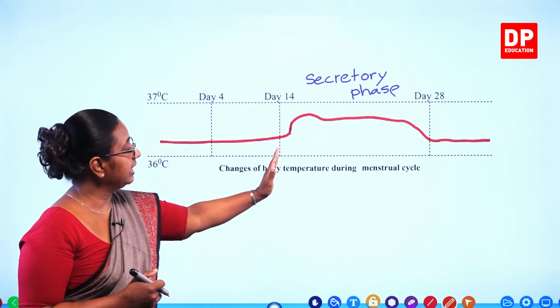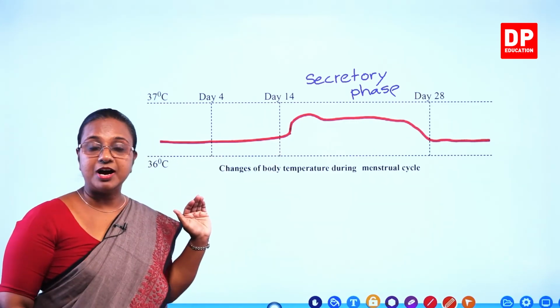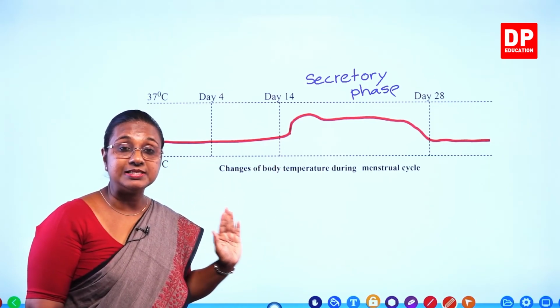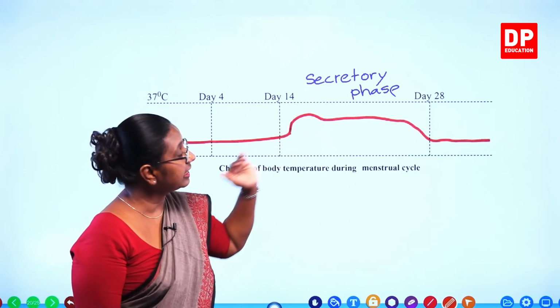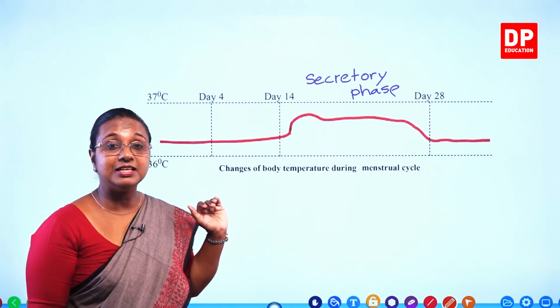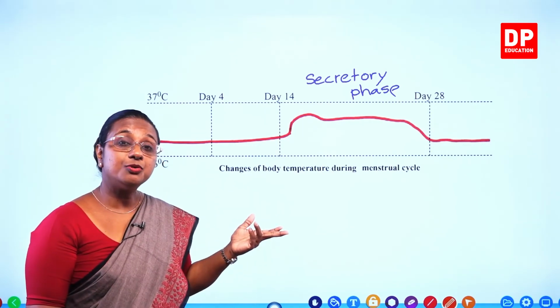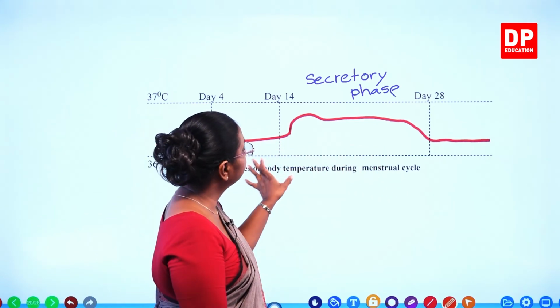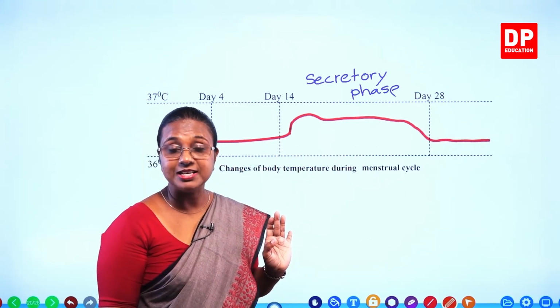From day 0 to 14, the temperature is somewhat low. On the 14th day, ovulation takes place. After that, it is the secretory phase taking place inside the uterus, and inside the ovaries it is the luteal phase. So during that time, the temperature is somewhat higher.